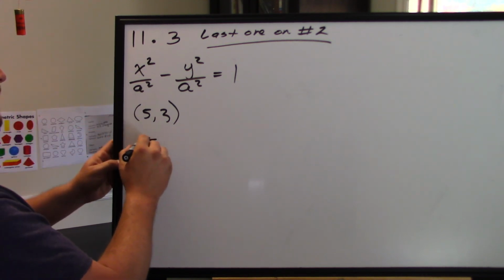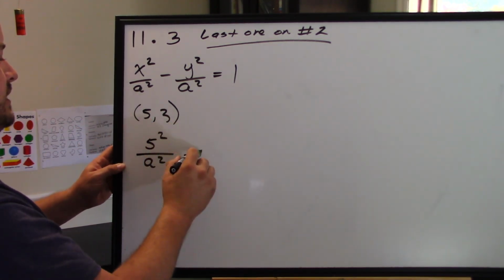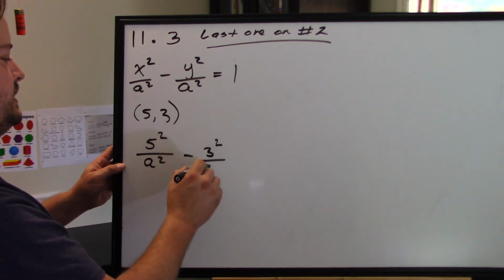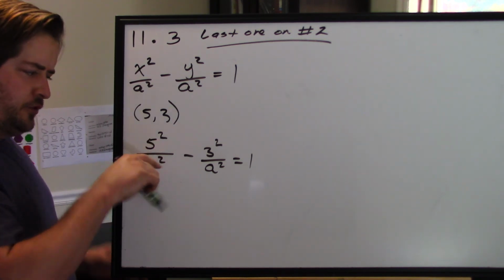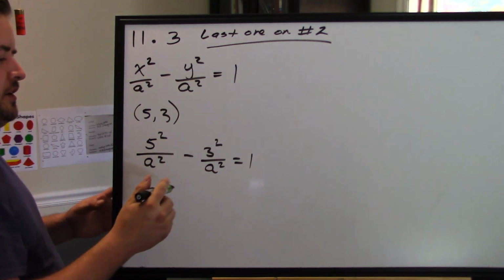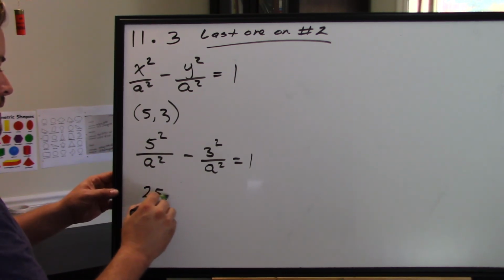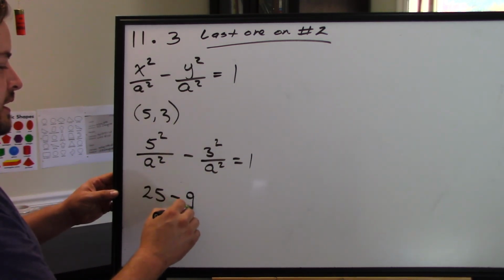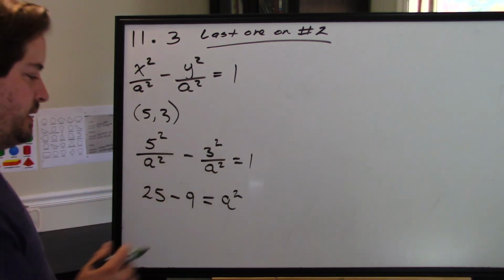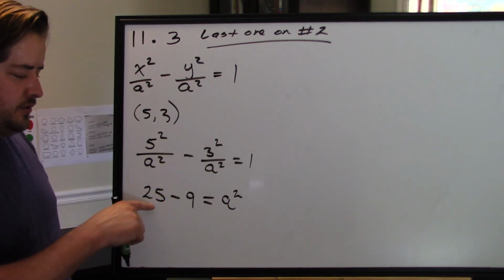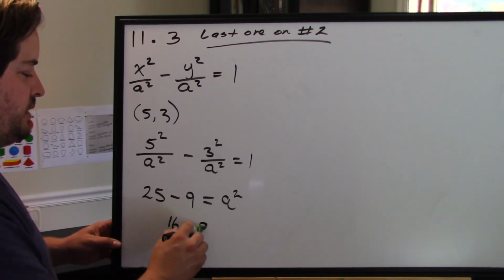So 5 squared over this a squared minus 3 squared over this a squared equals 1. Therefore, I can multiply everything by a squared, which will give me 5 squared, which is 25, minus my 3 squared, which is 9. I've multiplied my a squared up here, so I get that equals a squared. And so I have 25 minus 9, which is 16, equals a squared.